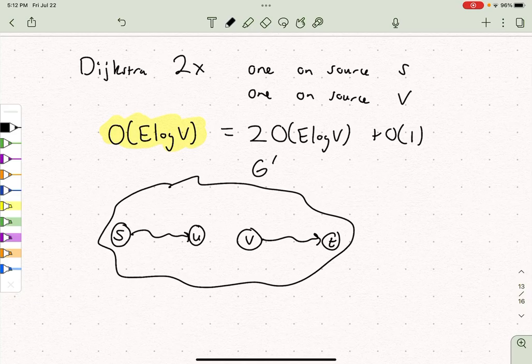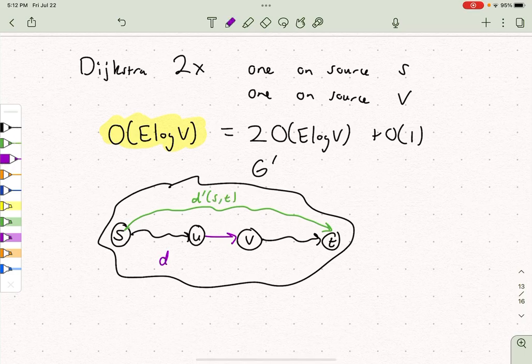So once we have those 2 shortest paths, we can just connect it with the edge U to V. Or we can skip U to V entirely and get something else. So this one's D prime, ST, and this one is the other case. And that's it.